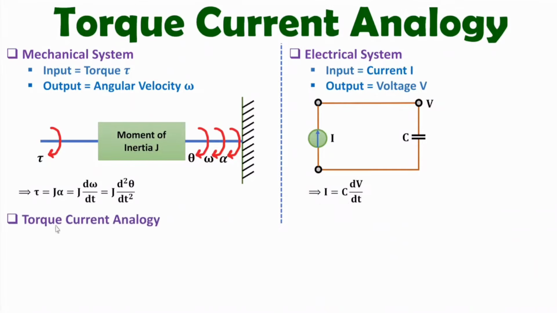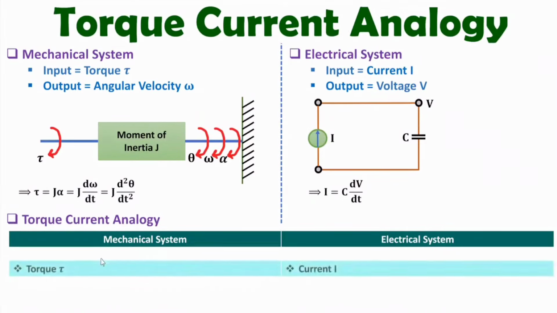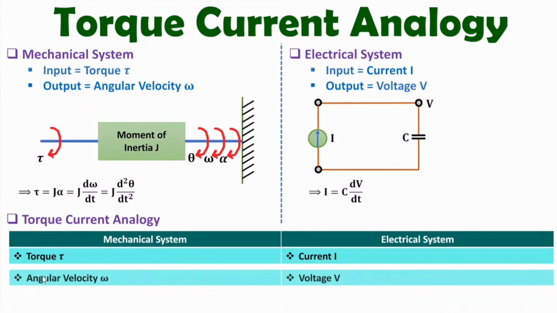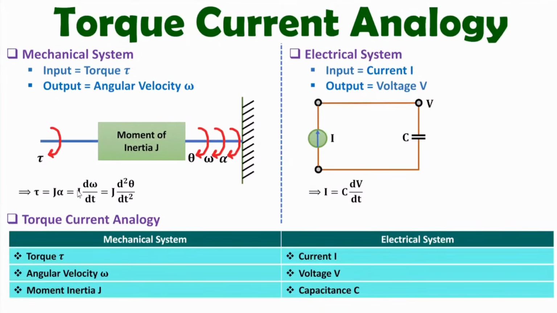So in torque current analogy, if you compare mechanical system parameters with electrical system parameters, torque is equivalent to current, then angular velocity omega is equivalent to voltage V as per this single differential element, and moment of inertia J is equivalent to capacitance C, right?